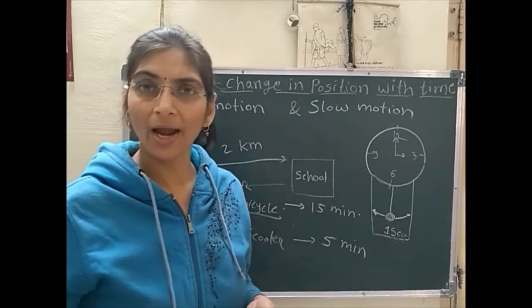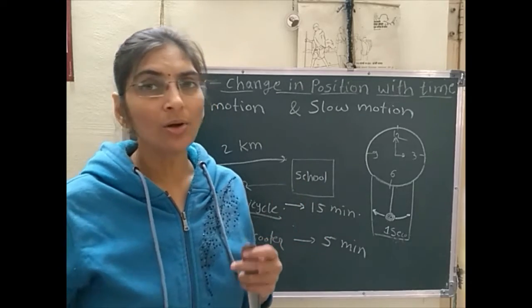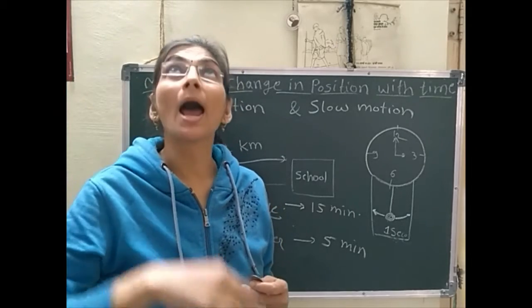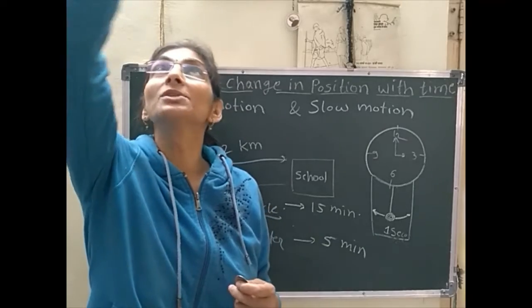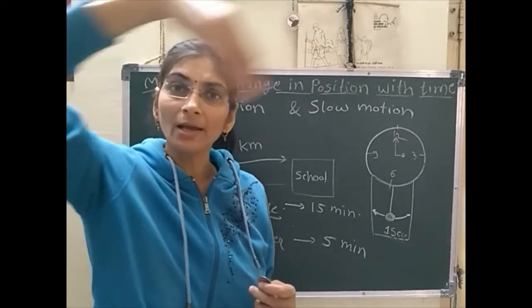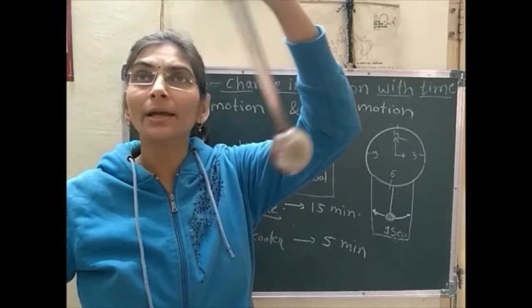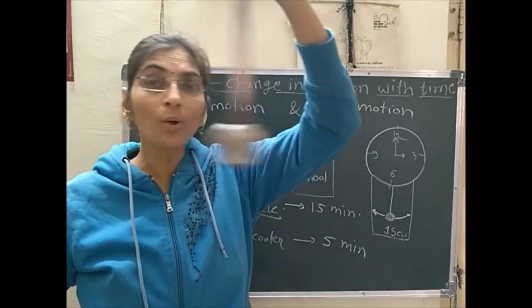Who discovered that? Galileo discovered the pendulum. How? Once he was sitting in the church, and at the roof of that church he observed one lamp hanging in this manner, and it was constantly moving to and fro.